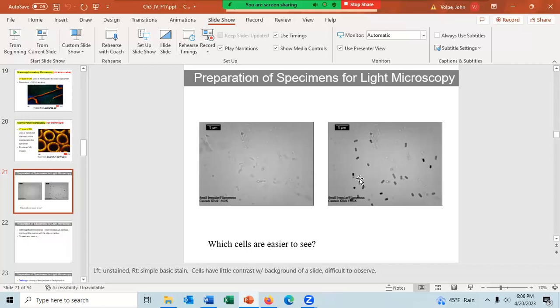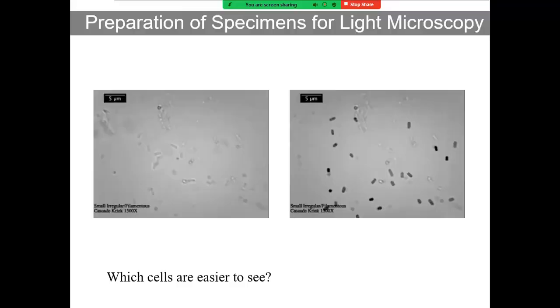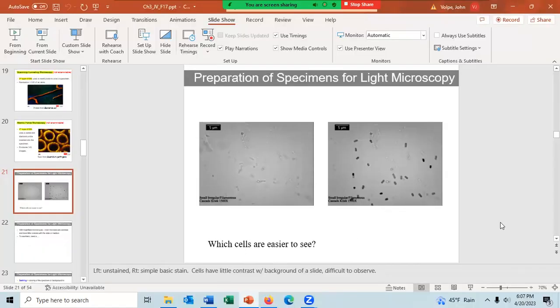And that cell there, let me blow that up, has a very big contrast between the background of the slide and the cell. That makes it easier to see the specimen. That is all staining a cell does: increase the contrast between the specimen and the background of the slide, which for us is the glass slide. Any question about that?